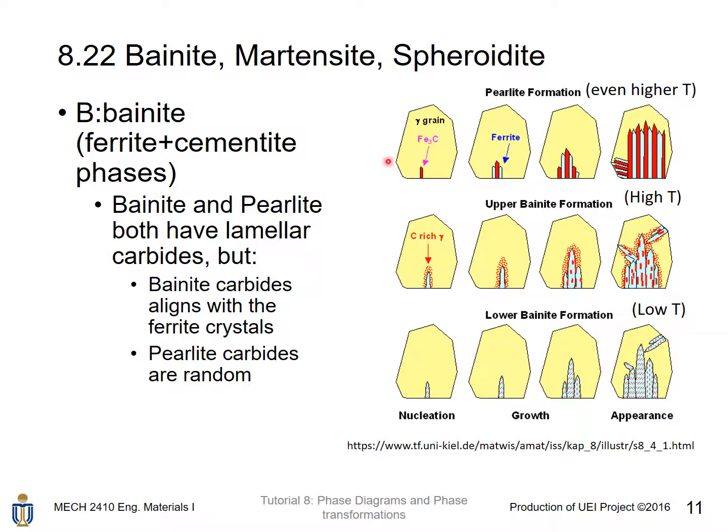You can see here, pearlite formation is lamellar at a higher T. For bainite, the grains are smaller, and it follows the ferrite crystal. And for lower bainite, it is even smaller. And you can use a similar argument of nucleation to describe why the size differs.